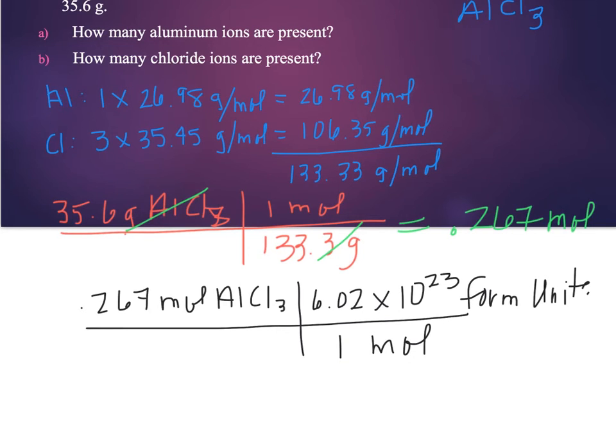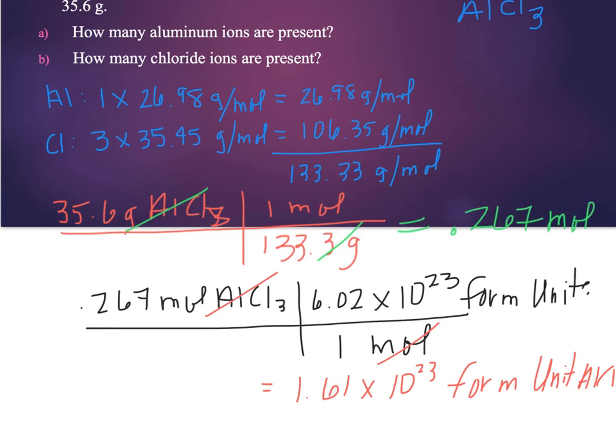Now my moles will cancel, and if I multiply 0.267 by the 6.02 times 10 to the 23rd, I end up with 1.61 times 10 to the 23rd formula units of AlCl3.